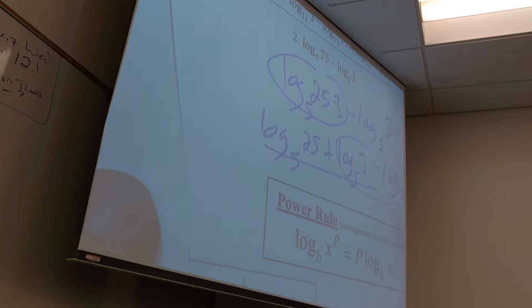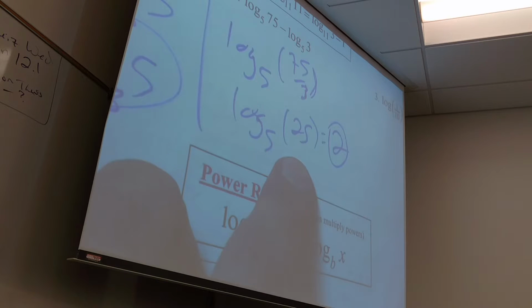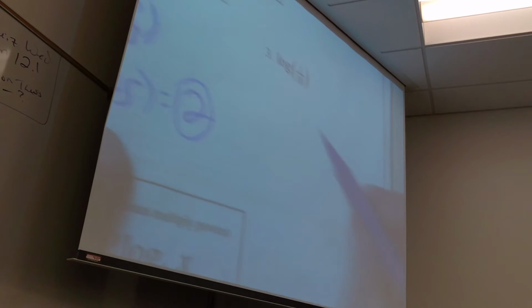What do I do here? Cancel. And what's log base 5 of 25? Same answer, just a different way. Beautiful. This still is a little bit quicker way.